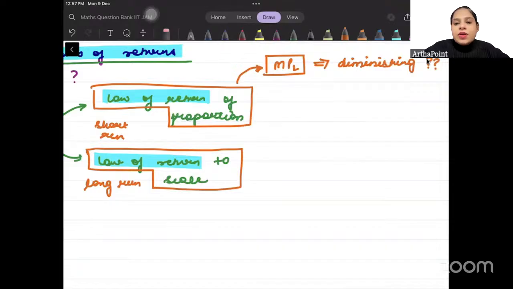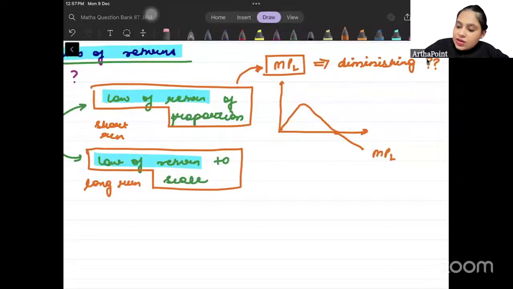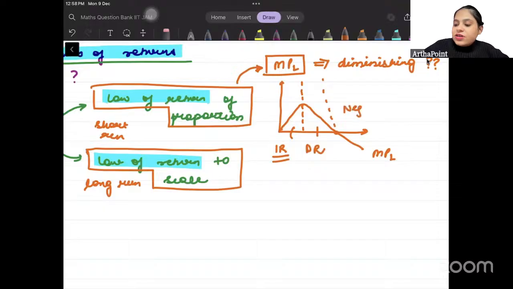So you have a phase where marginal product is increasing, then diminishing, it becomes zero and it becomes negative. This first phase is called increasing returns to proportion. The second phase is called decreasing returns to proportion. This third phase is called negative returns to proportion.